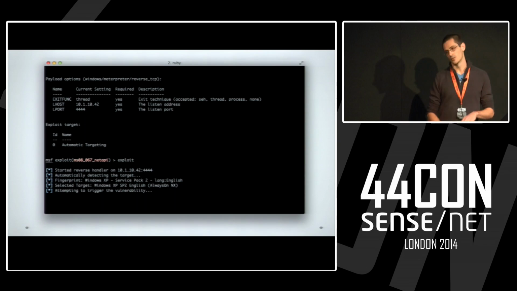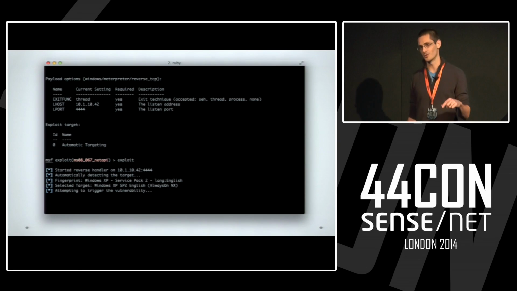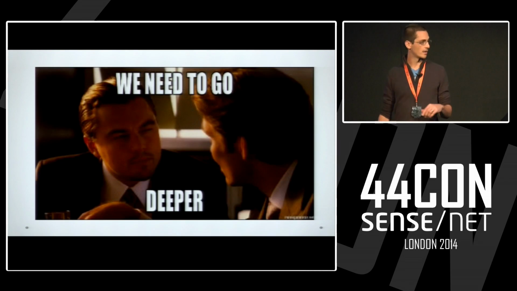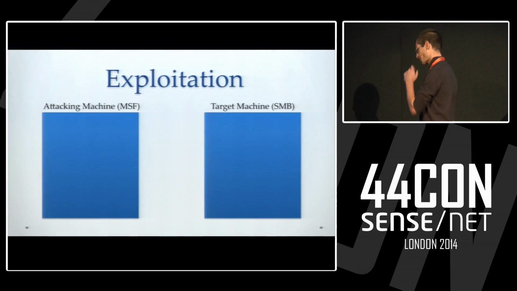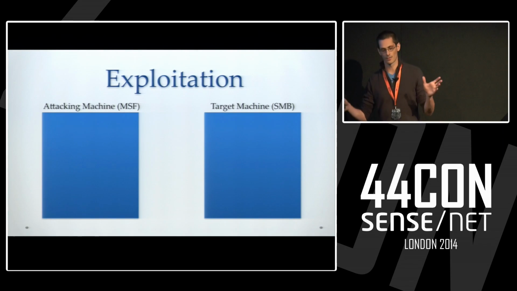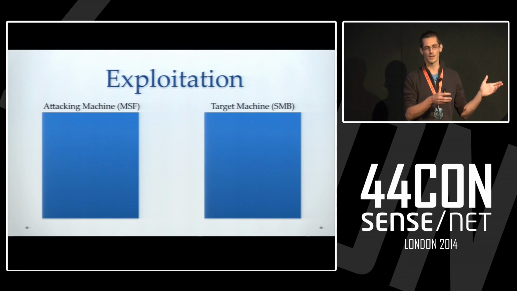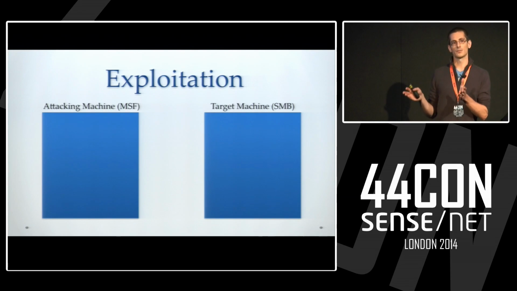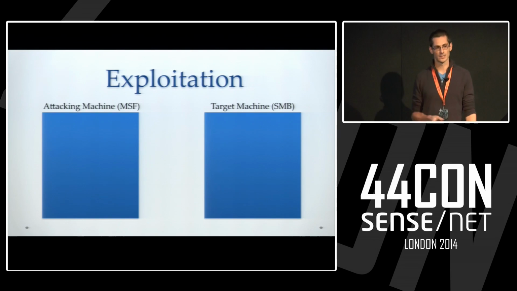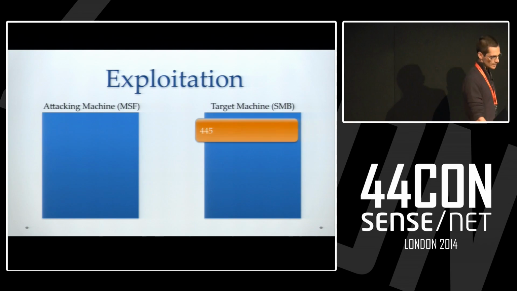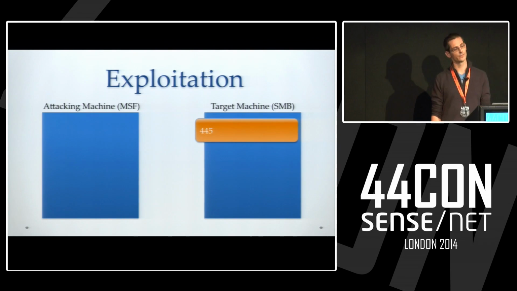But to really understand what's going on here, and this is the point of this talk, we're going to dive just a little bit deeper. So here's the scenario. We've got our attacking machine running Metasploit on the left, and our target machine running the vulnerable SMB service on the right-hand side, listening on 445.